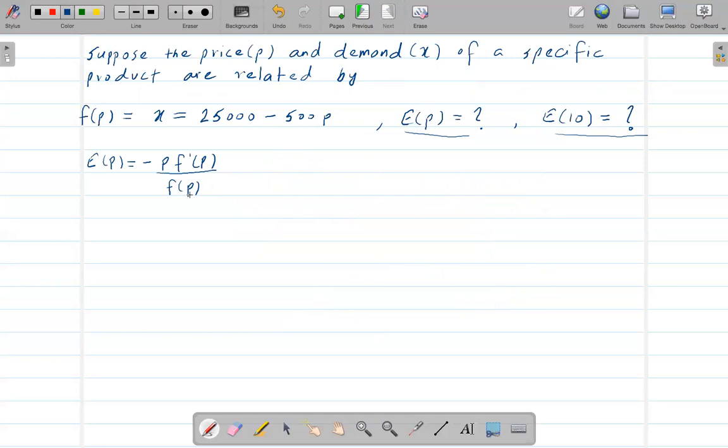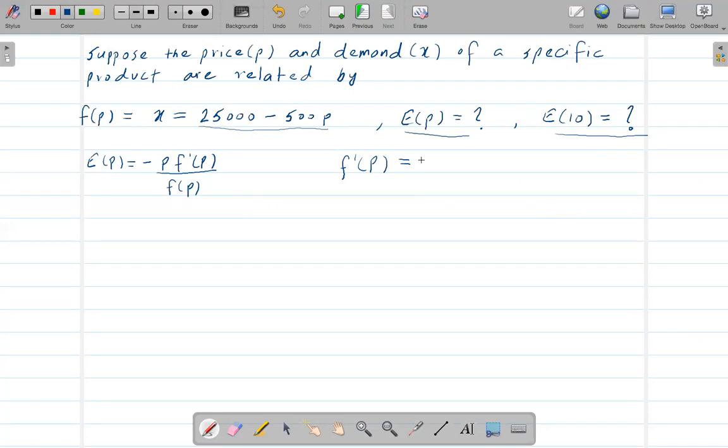So now, if you see this one, we have F of P, because this whole function is F of P, but we don't know F prime of P. But we can find F prime of P from here, right? So F prime of P, or the derivative of F of P, is, well, first I have to take the derivative of this 25,000.